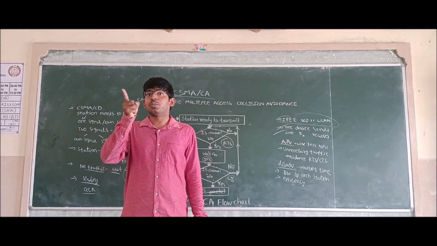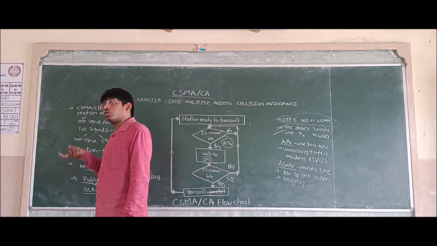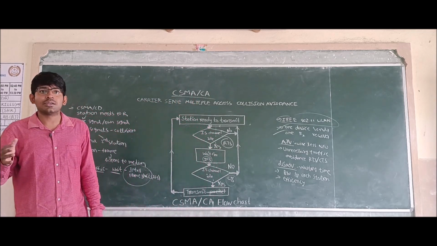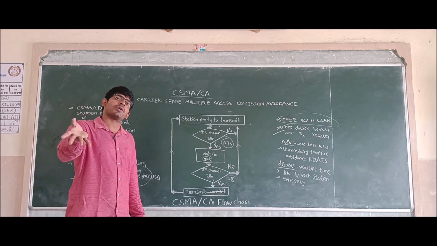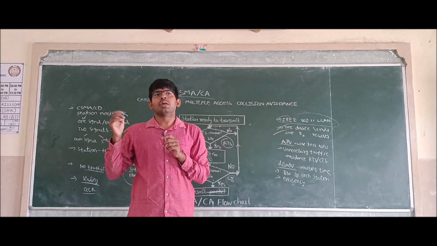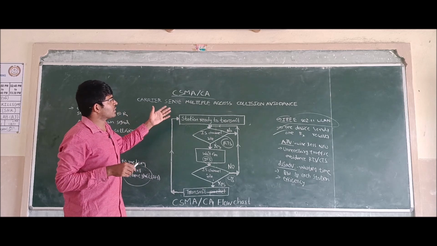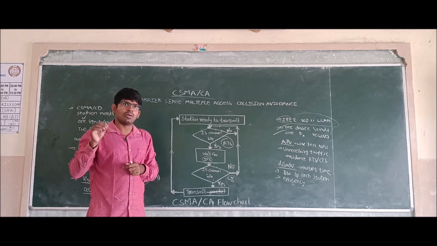If the acknowledgement is not sent in the given amount of time, the source may think that the data is lost. It will again start sending the same information. So this is how the CSMA CA, Carrier Sense Multiple Access Collision Avoidance Protocol, works.